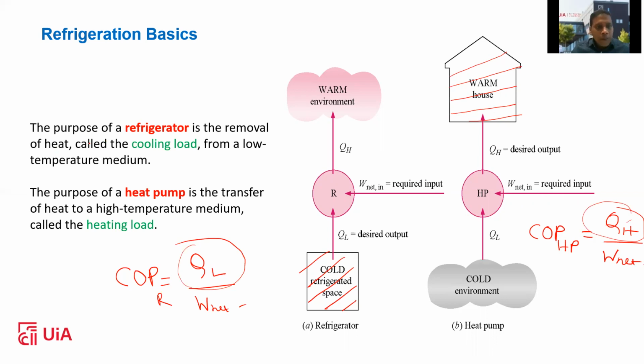So what is the main purpose? The main purpose of the refrigerator is to remove heat, which is also called the cooling load. If I ask you to calculate the cooling load, then you have to find QL, to make it cool in here. And what is the purpose of the heat pump? The heat pump transfers heat to a high temperature medium, which is known as the desired output, or the heating load.